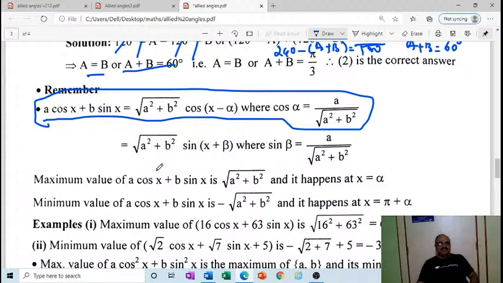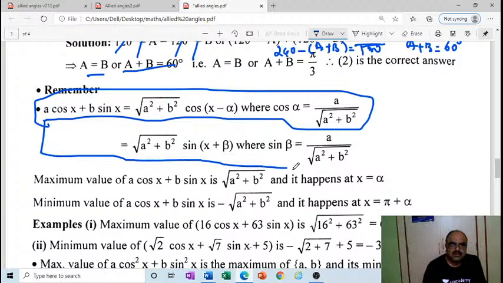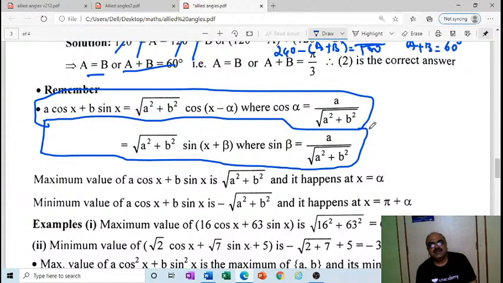Similarly, for the same thing, a cos x plus b sin x equals root of a square plus b square into sin of x plus beta, where sin beta is a by root of a square plus b square.